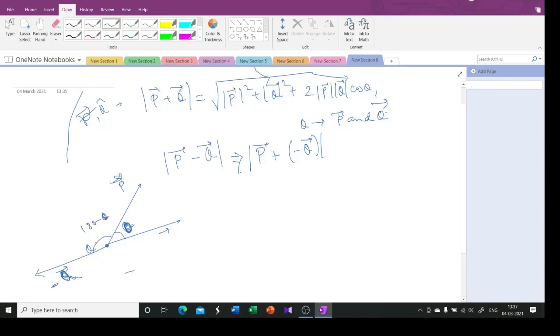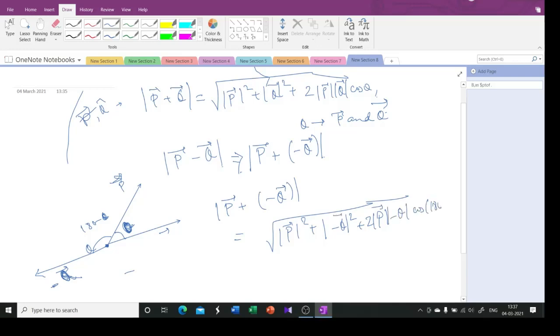So applying the same formula, what is mod of P plus minus Q? That is equal to root over of mod P square plus mod of minus Q square plus 2 of mod P mod of minus Q cos of 180 minus theta.